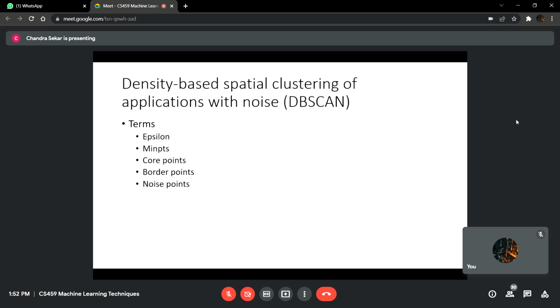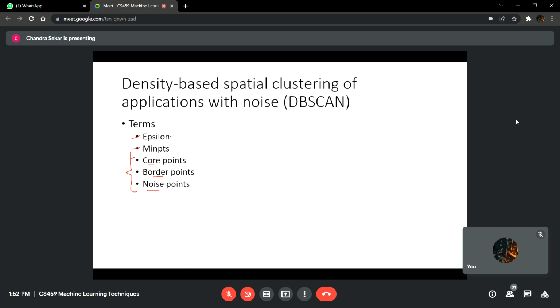The first terminology: there are 3 types of data points associated with DBSCAN. The set of data points considered under this algorithm will be categorized as core points, border points, and noise points. In order to understand these 3 types of points, you must understand epsilon and min points.